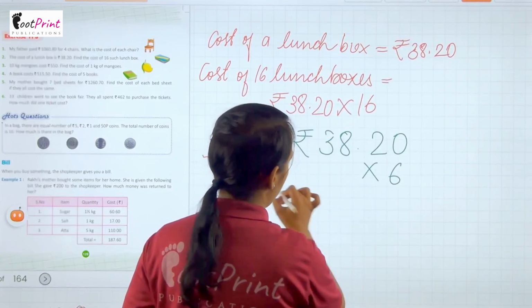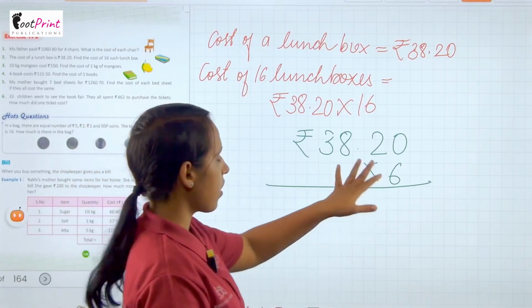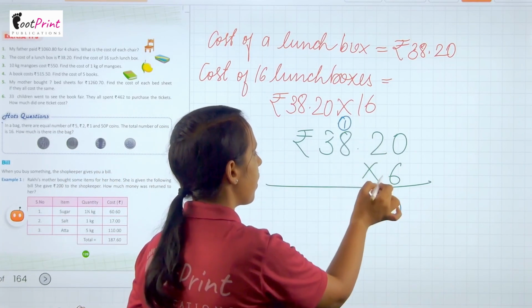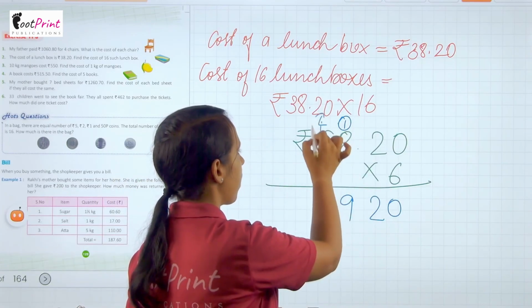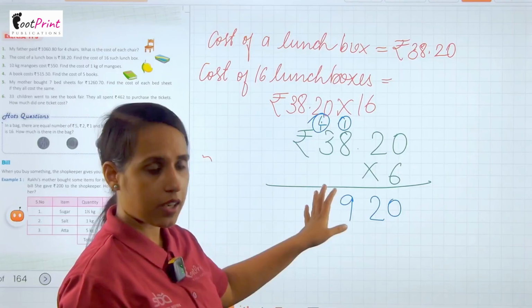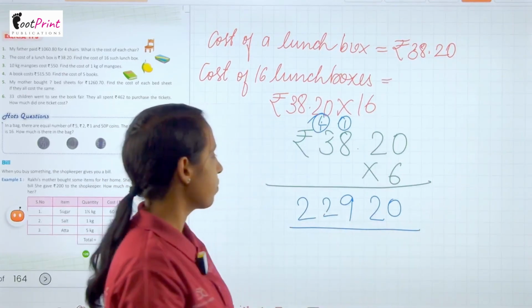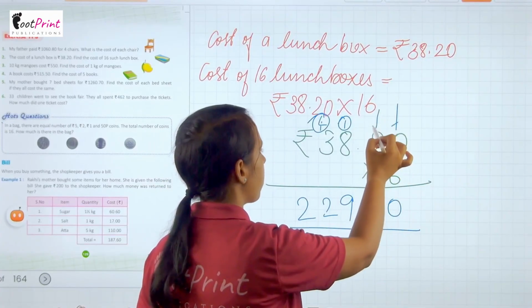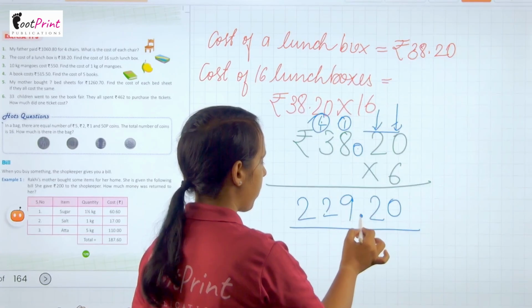We arrange it in columns and then we will easily multiply it. 6 into 0 is 0, 6 3s are 18, 6 8s are 48 and 1 is 49, 4 will be carried over here, 6 3s are 18 and 4 is 22. Okay, and now here we have a point after 2 digits, so here also we put the point.